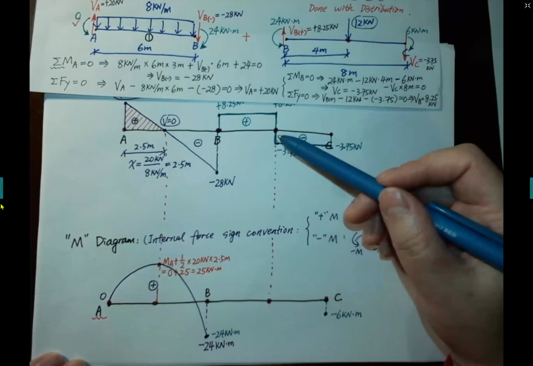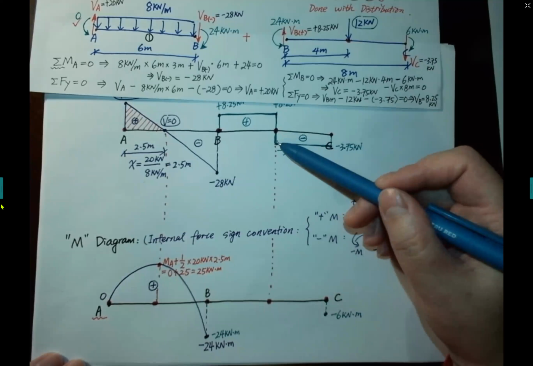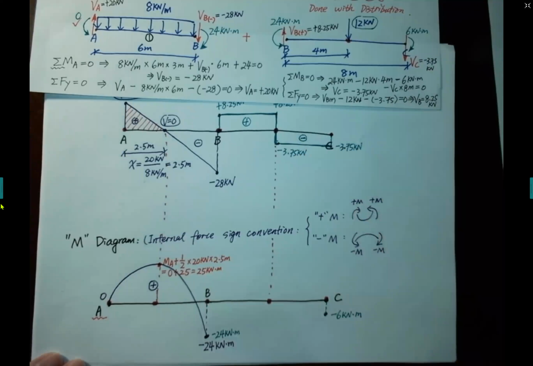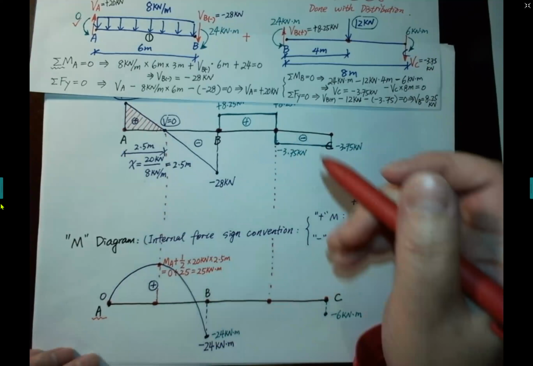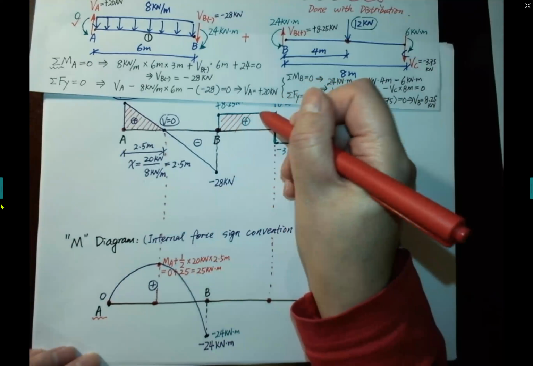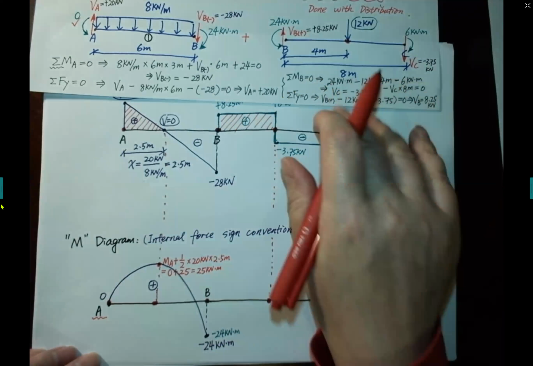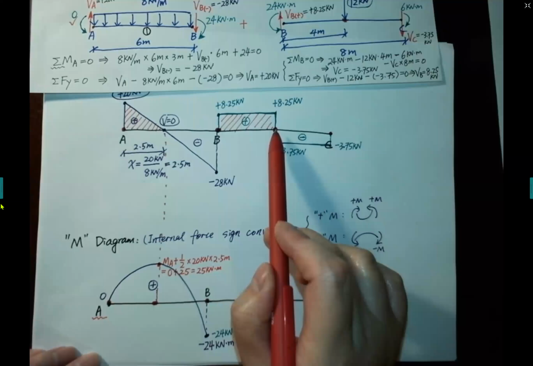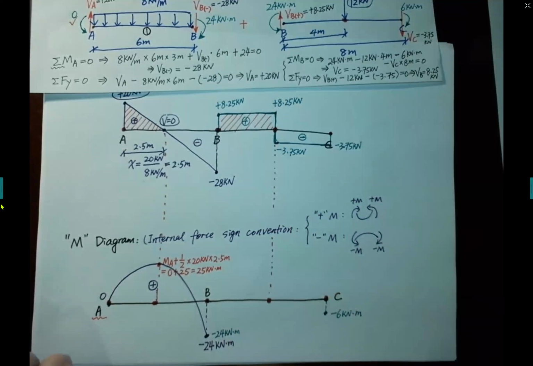Then at the shear change point, we will use the moment at B plus the area of the shear diagram between B and the 12 kilonewton. So we can calculate the moment.